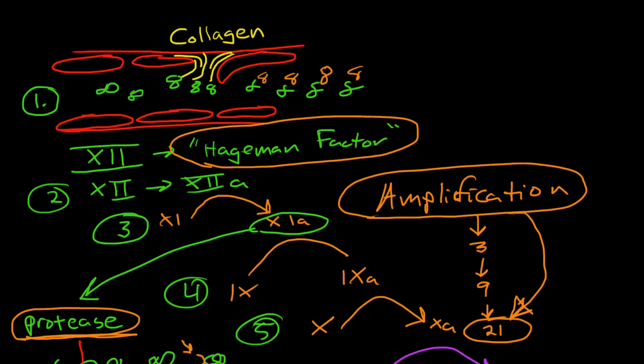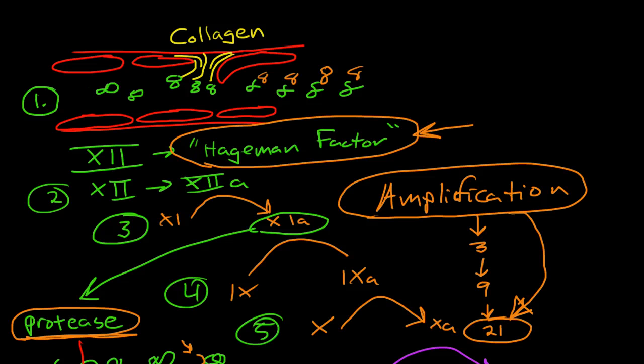Now, interestingly enough, the intrinsic pathway that starts with collagen activating Hageman factor is very important to understand because it's involved significantly in the pathophysiology of thromboembolism. However, it's interesting to note that although this was actually the system that was first understood, now we are realizing that it is the less important of the 2 major coagulation pathways.